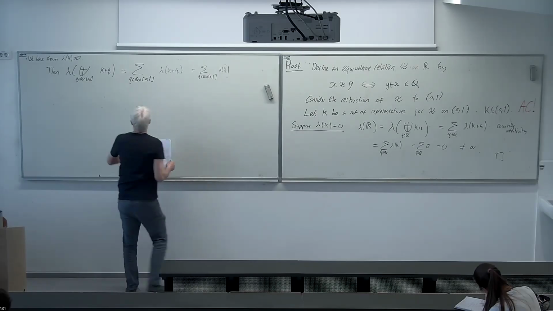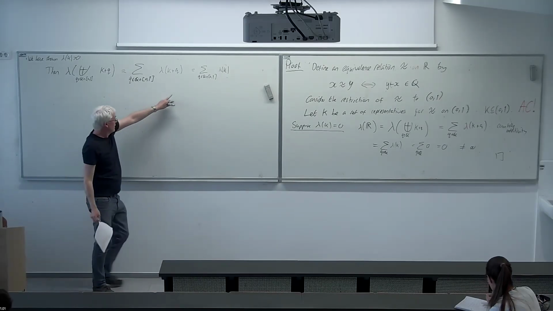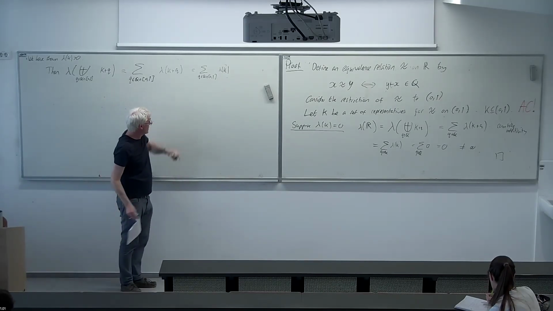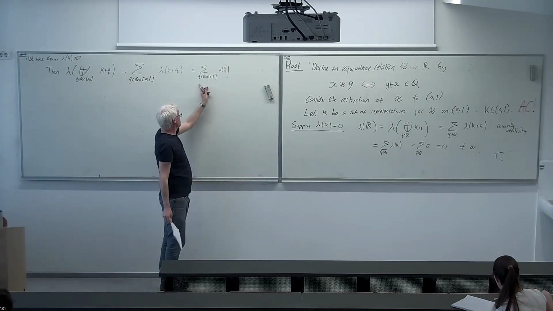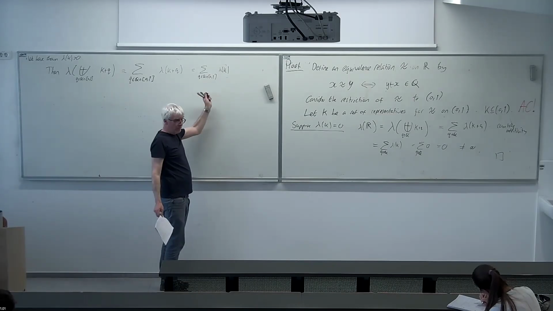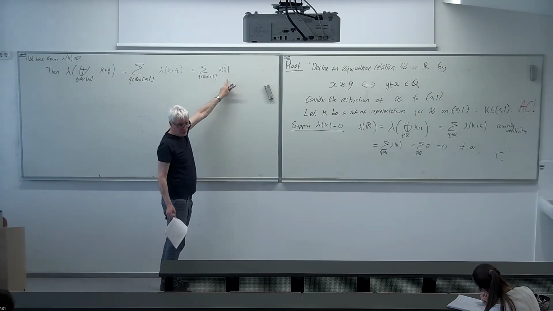So again, we've used countable additivity, translation invariance, and now it's a sum of infinitely many copies of a constant number, which is of course infinity.